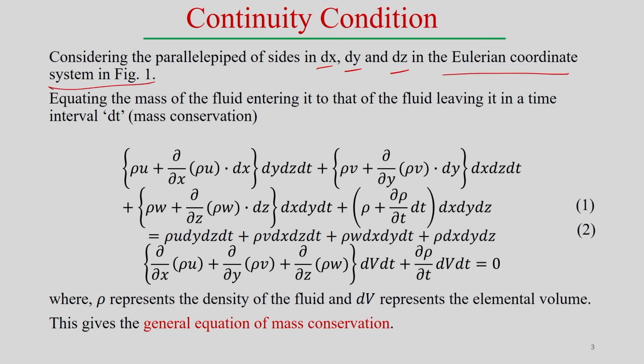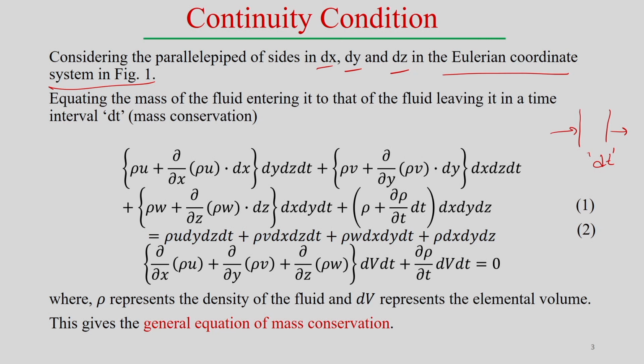Now, we equate the mass of the fluid entering one particular phase to that of the fluid leaving the other phase over the time interval dt. Equating the mass entering and the mass leaving over a time dt may be considered as the mass conservation for this particular system.